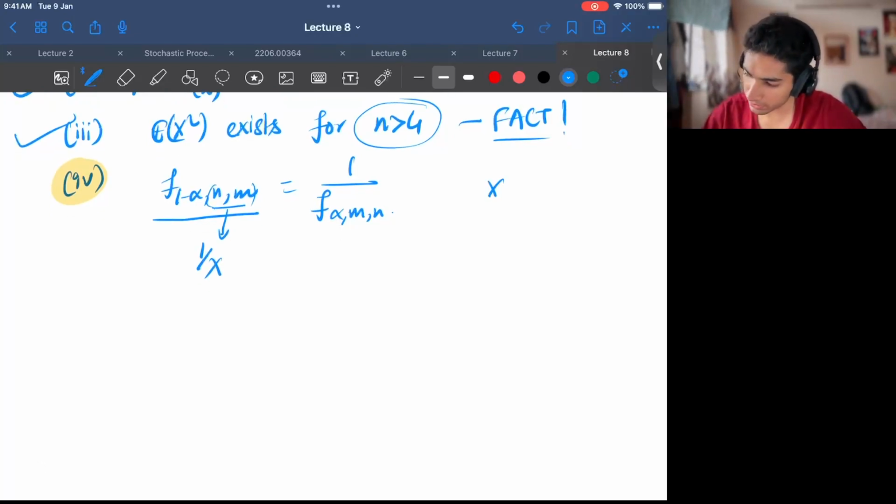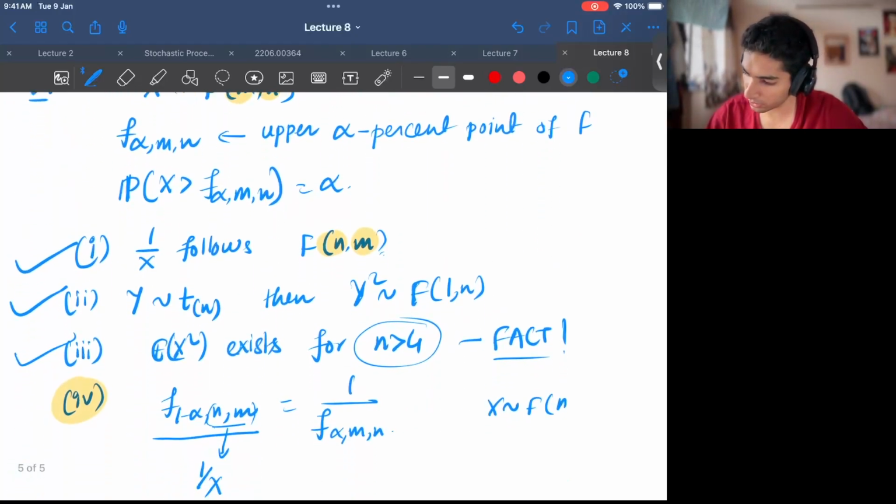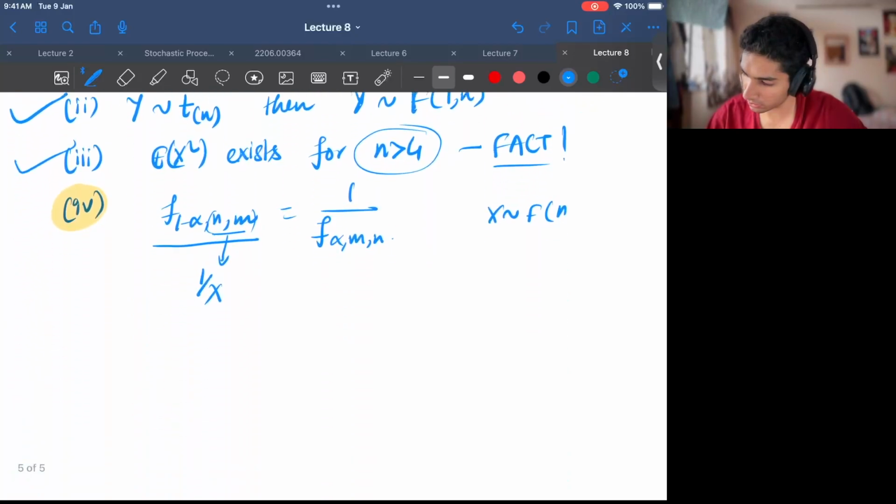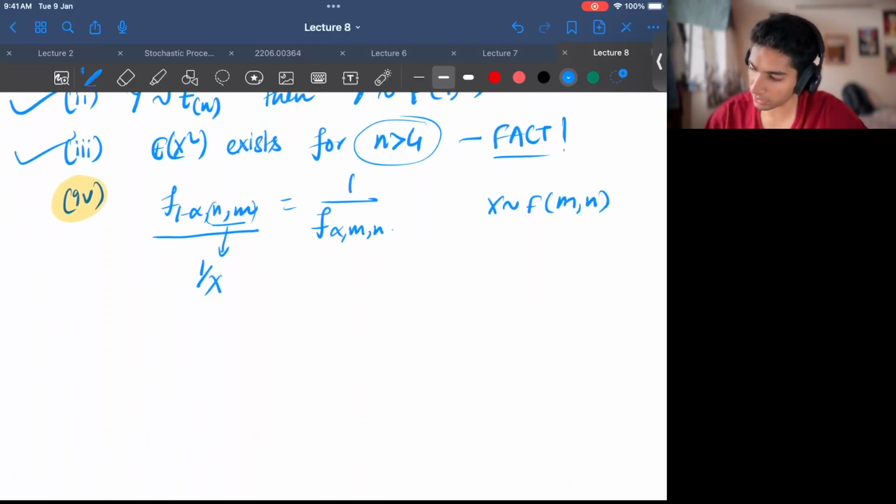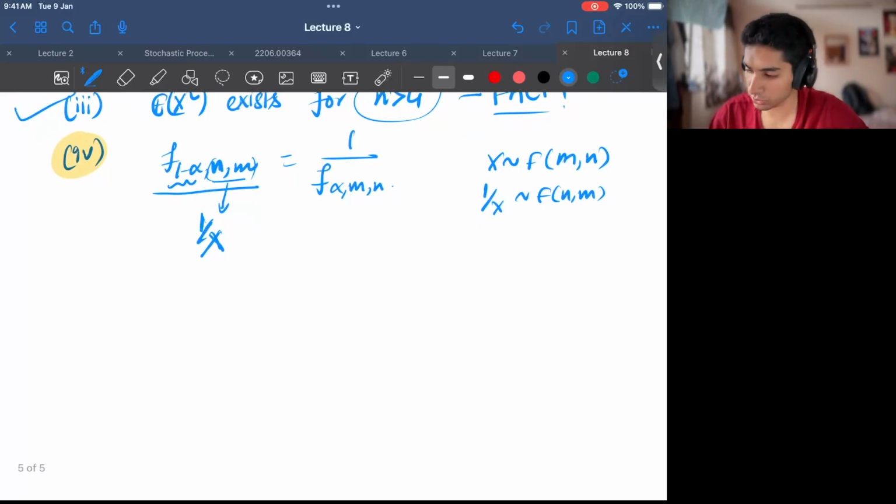Because if x is following f of m comma n, then 1 by x will follow f of n comma m. Here the order is n comma m, it's not m comma n. So we need to look at 1 by x somehow. Also, we need to look at 1 minus alpha. So let us look at these things.